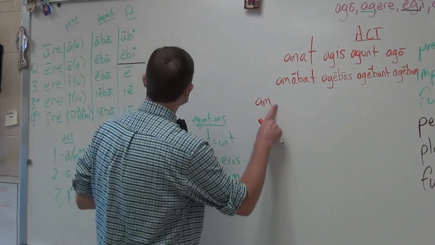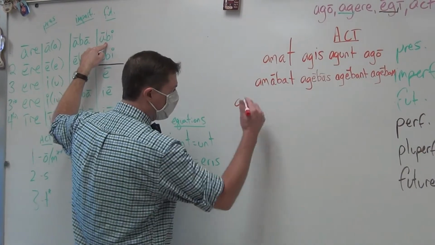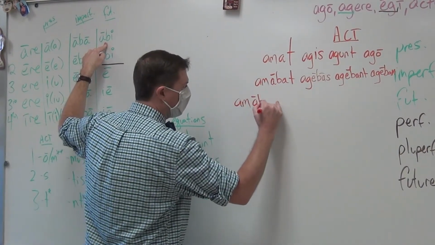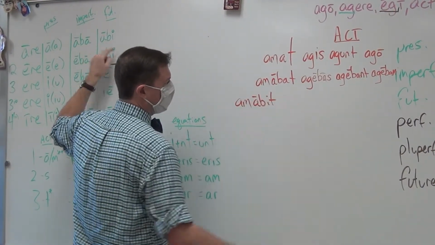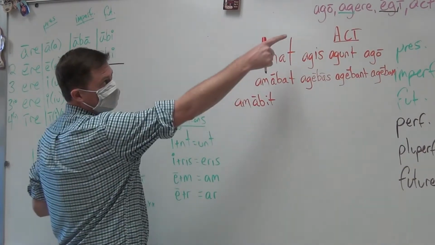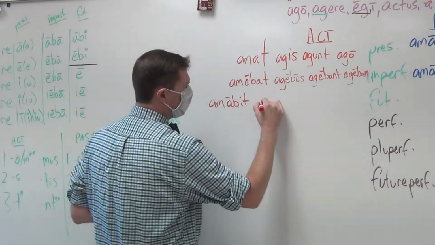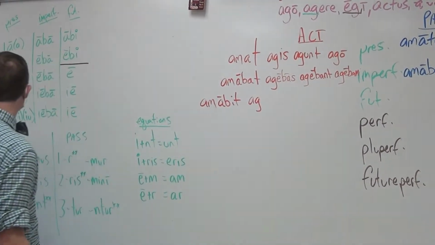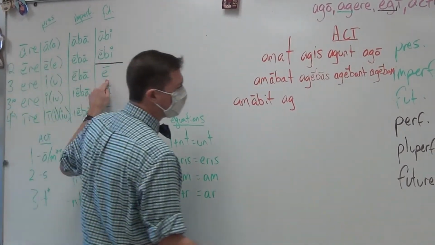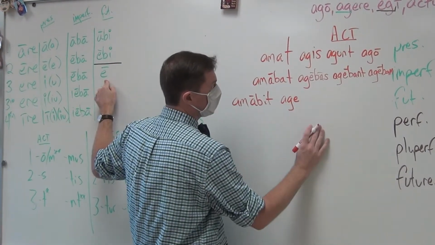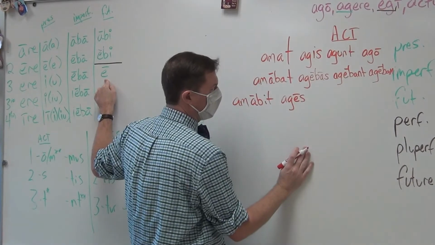So here, however, it's going to be a first conjugation, a, bi, and then T, a bit. For this ago, agore, that's a third. So here, ag, third conjugation, future long E, and then an S, ages.